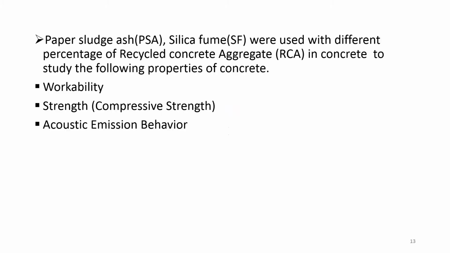Objectives: paper sludge ash and silica fume were used with different percentages of recycled concrete aggregate in concrete to study the following properties of concrete, which are workability, strength, and acoustic emission behavior.